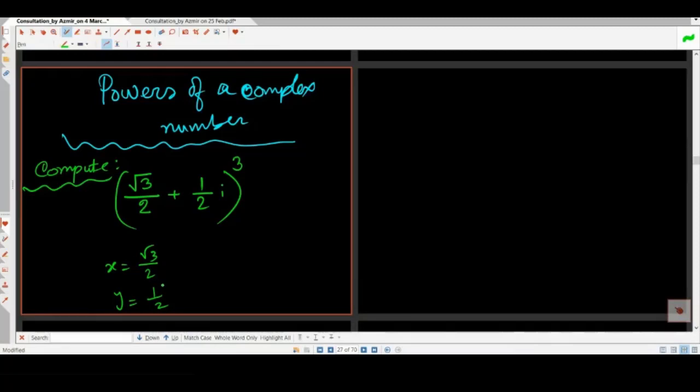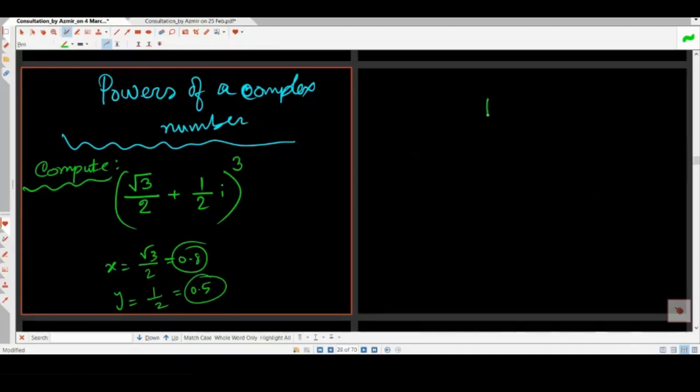Root 3 over 2 has the numerical value 0.8 and 1 over 2 is 0.5. Why do we need these decimal values? Because it will be easier for us to locate the point correctly.